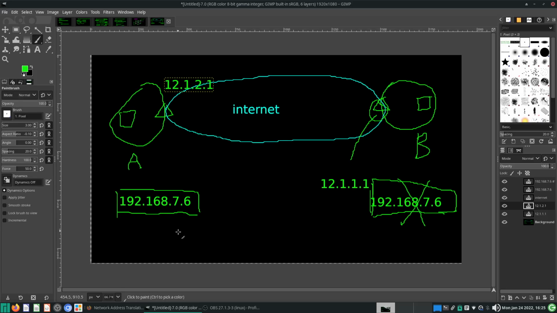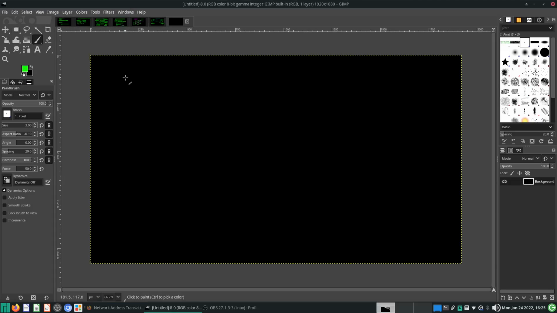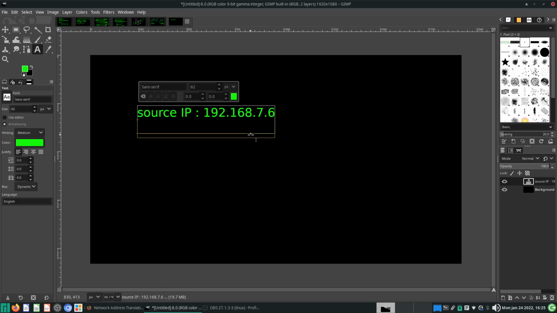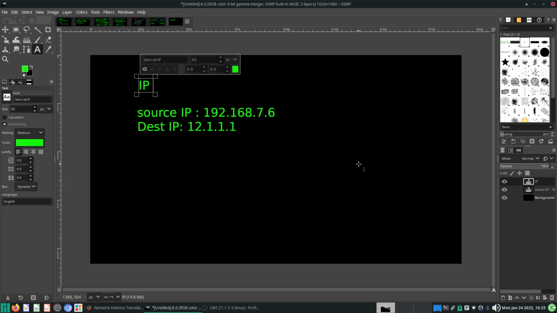So in your IP datagram, your source IP address will be 192.168.76, destination IP 12.1.1.1. This is the IP datagram info.